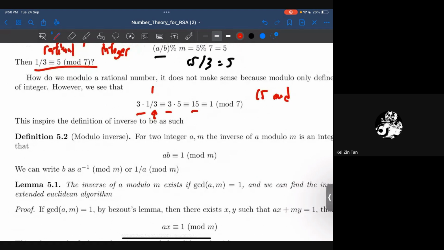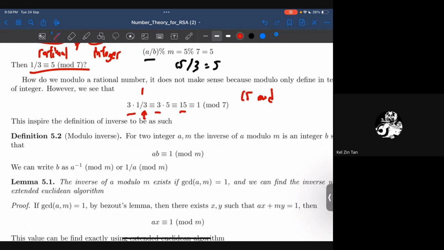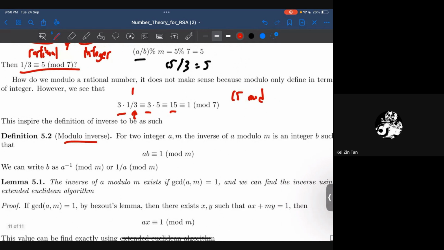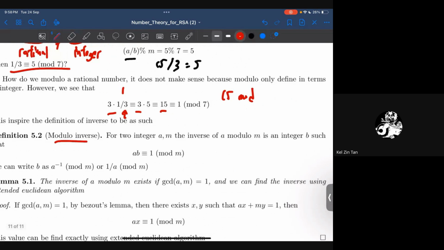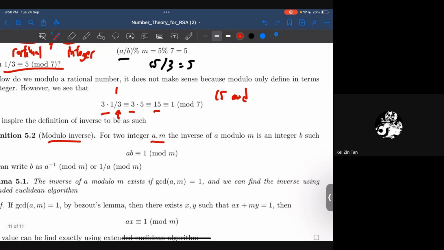So instead we want to try and define this better. How do we do that? We define the modulo inverse by saying that for any two integers a and m, the inverse of a modulo m is an integer b such that a multiplied by b is equal to 1.